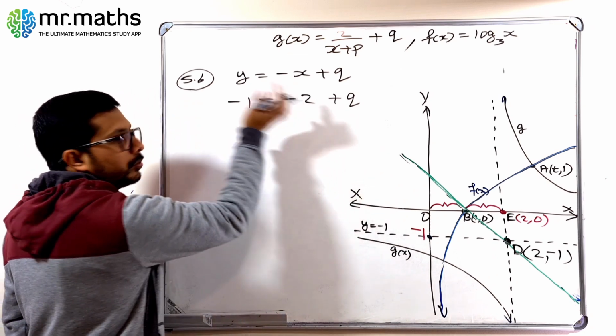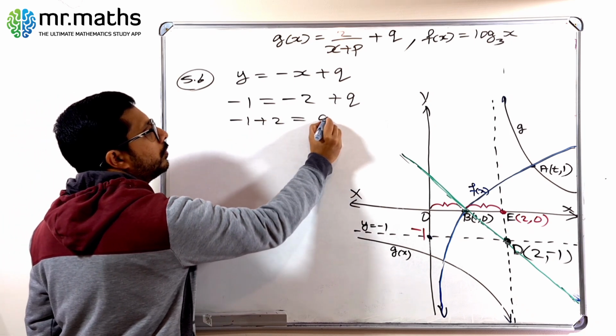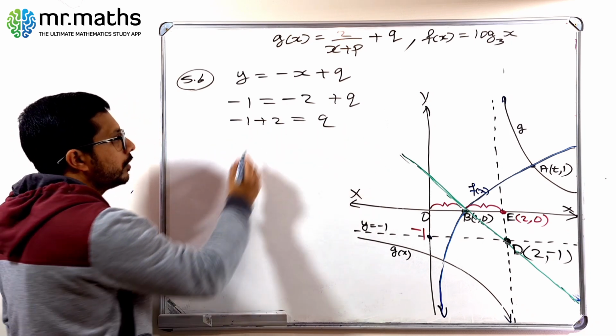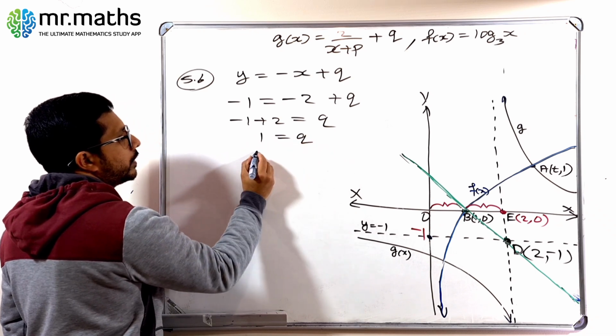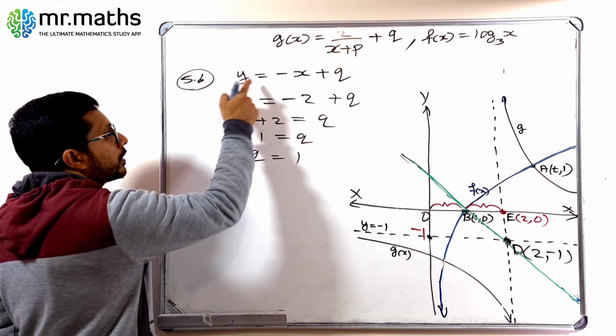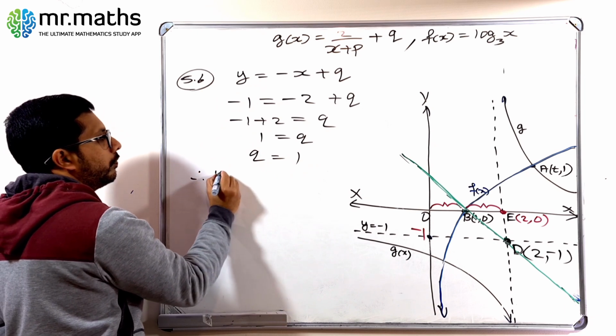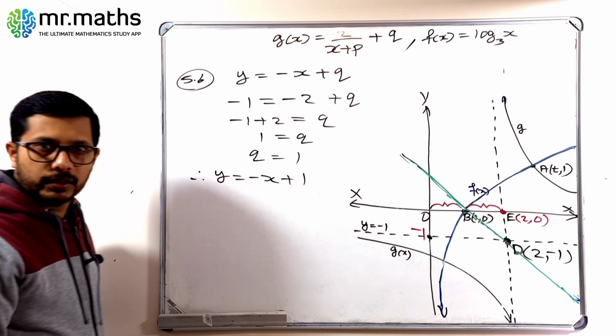Take this -2 to this side, so -1 + 2 = q. -1 + 2 is 1, so q = 1. So now what is our equation? Therefore y = -x + 1.